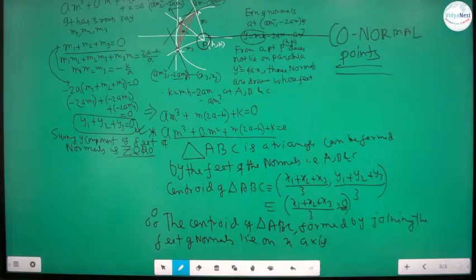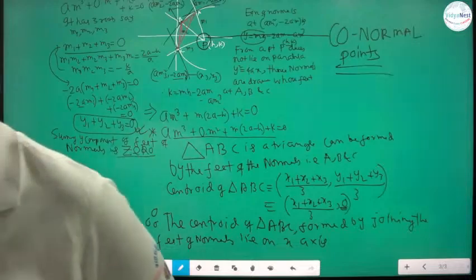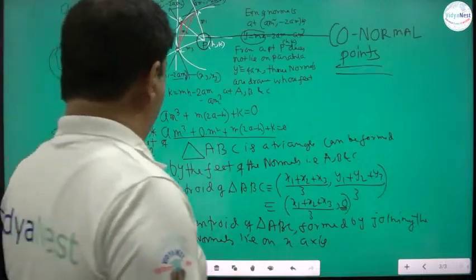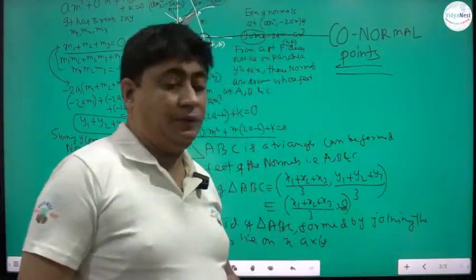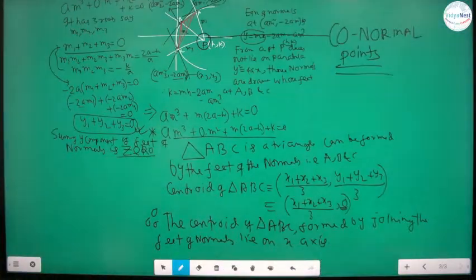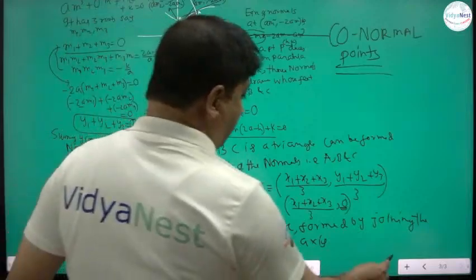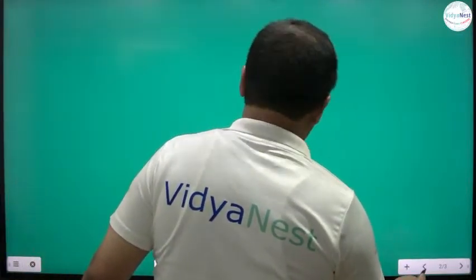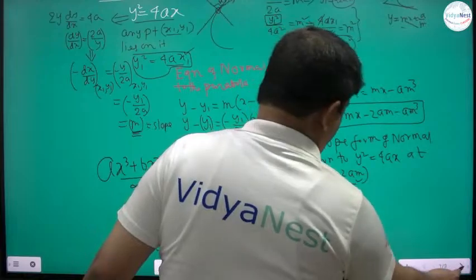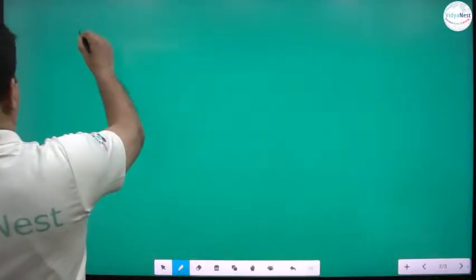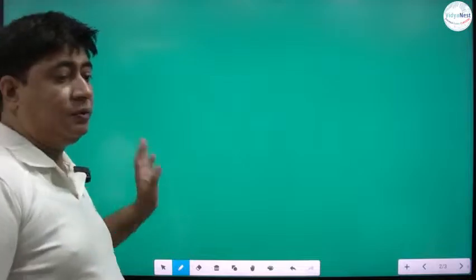Now let us do a few sums based on this. Based on the parabola, let's do one sum. Okay? Hope you have got it. Let us do one sum based on it.